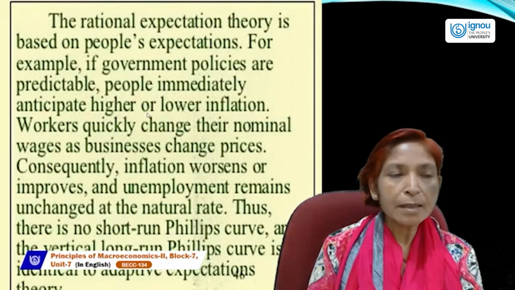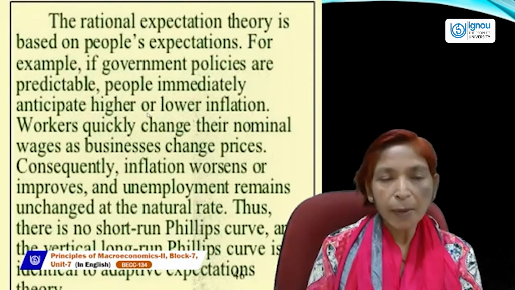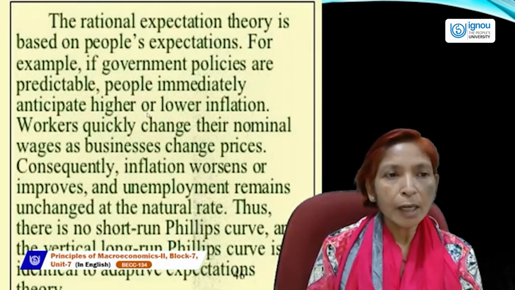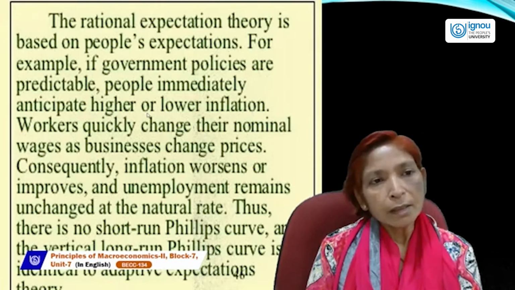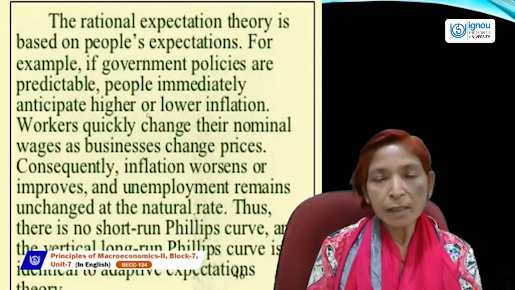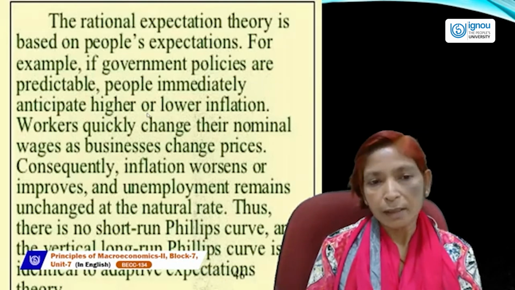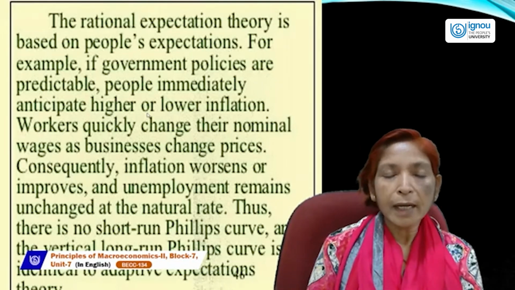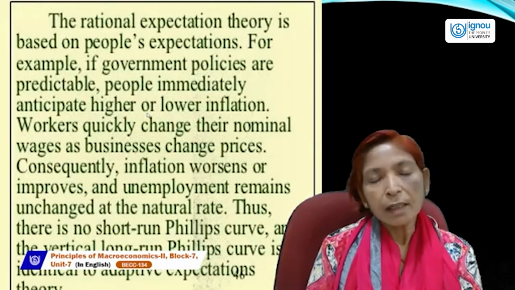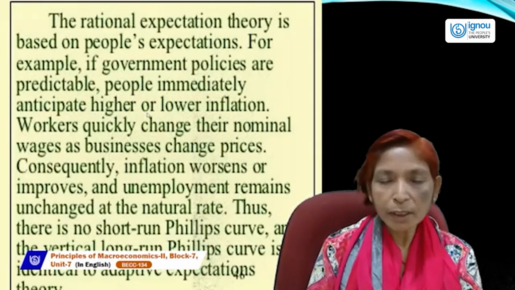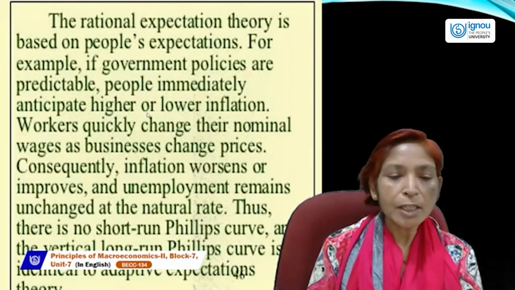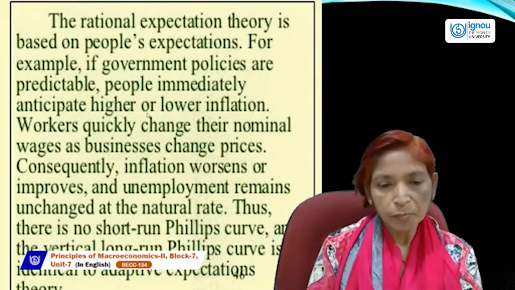It is clear by its name, rational. A person is called rational if he thinks about everything, takes decisions after seeing all the things, and then rationally predicts about the future. That is called rational expectations.